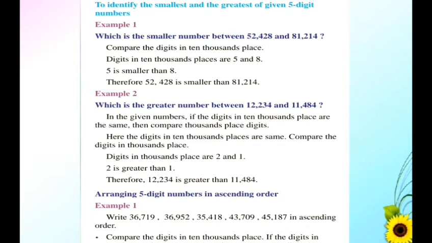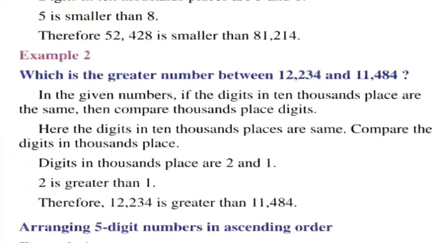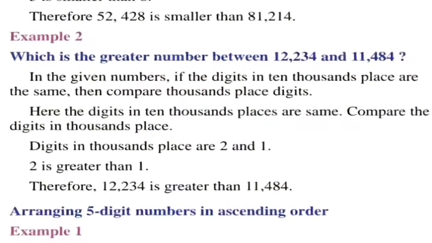Digits in the 10,000s place are 5 and 8. Here 5 is smaller than 8. Therefore 52,428 is smaller than 81,214. So the answer is 52,428.